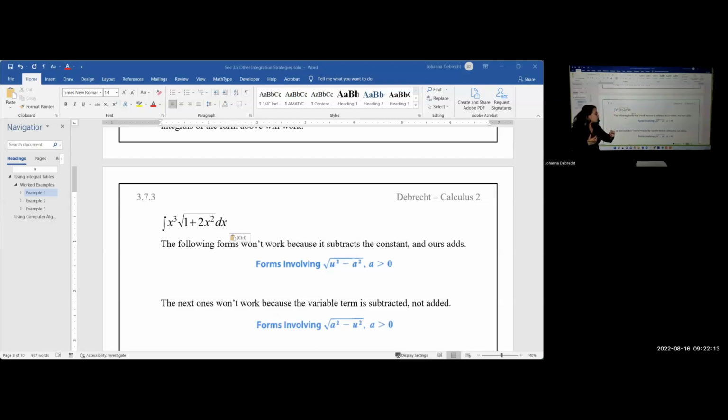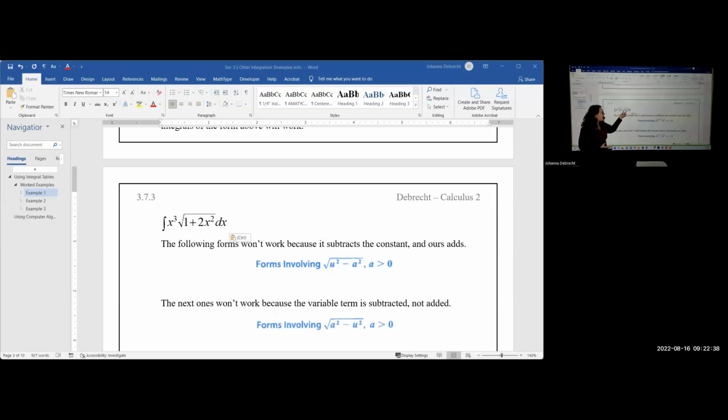The problem with this particular pattern compared to this one is in my pattern, I've got a constant plus something with the variable x in it. Well, that doesn't make any sense because this one has subtraction. And that means that this pattern cannot be made to fit this. We're looking for something that is close, that we can force to fit.